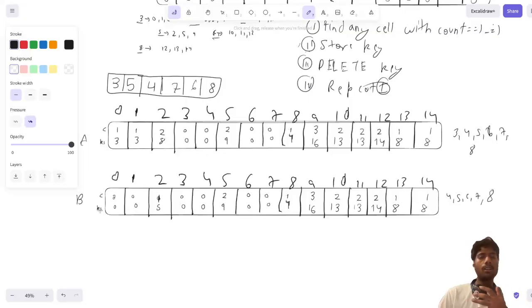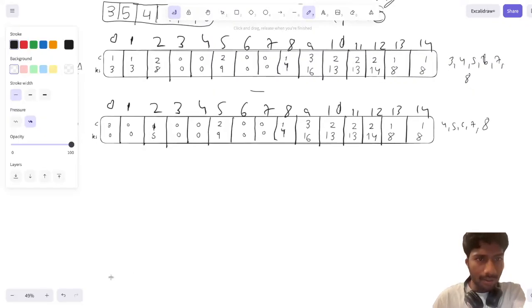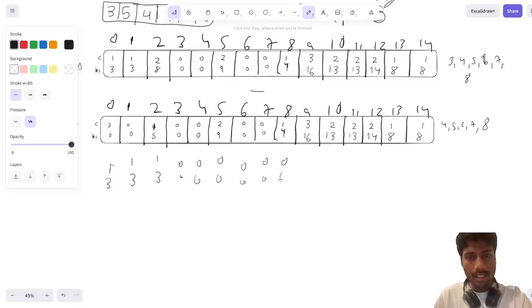So what we can actually do is a very simple operation. We can just subtract these 2 arrays. That's it. Simple. So for each and every index I will go and subtract the count and key sum also. So here 1 and 0, 1, and this becomes 3, 1 and a 3, this becomes 1 and then again 3, this 0, 0, this becomes 0, 0, this becomes 0, 0, this cancels out, this cancels out, this will cancel out again.